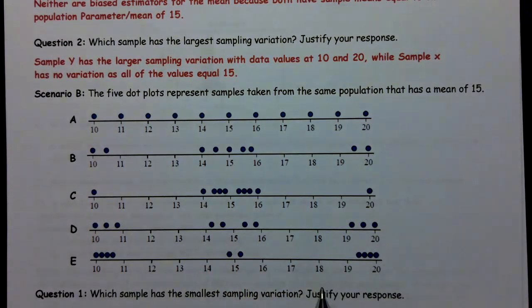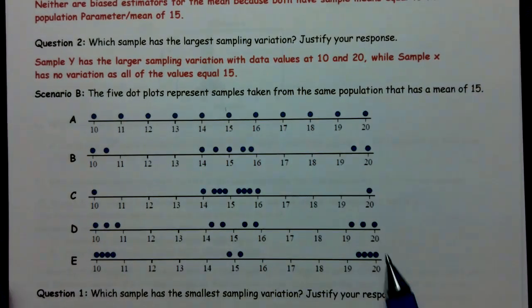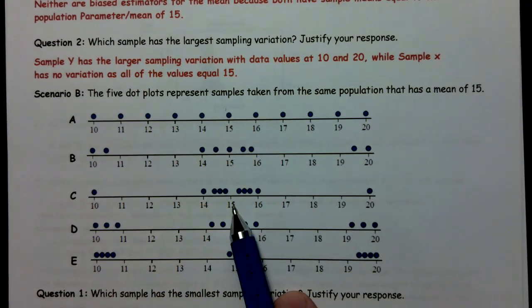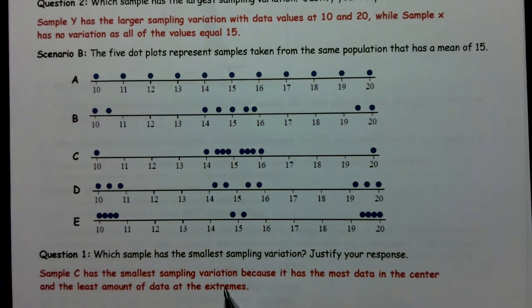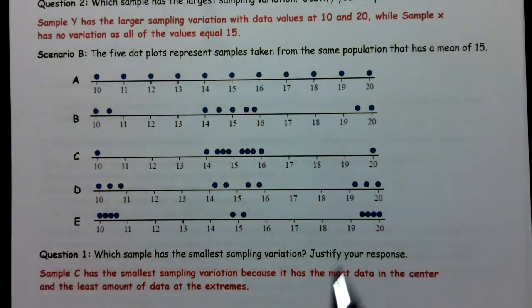Which sample has the smallest sampling variation? Well, to have the smallest, I want to be as close to the center as possible. Well, my center is 15, and the one with the most in the center is C. So C has the smallest sampling variation because it has the most data in the center and the least out at the extremes at 10 and 20.